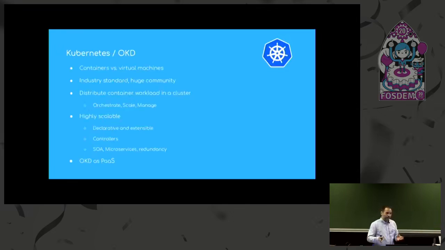So, very briefly, Kubernetes or OKD, what's the big deal here? Kubernetes became the industry standard for how to orchestrate and distributively execute containers. With Kubernetes, you can build an infrastructure, a cluster capable of running containers.